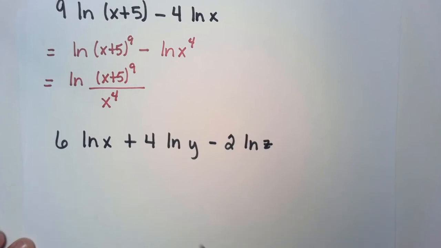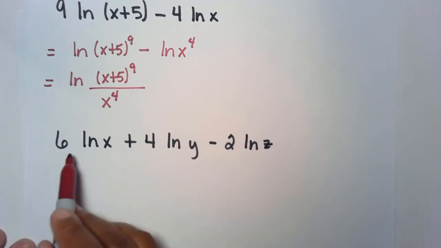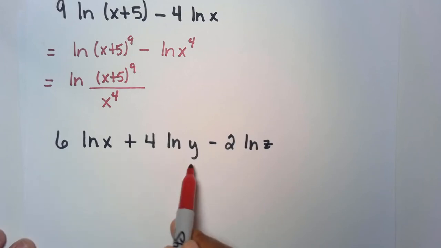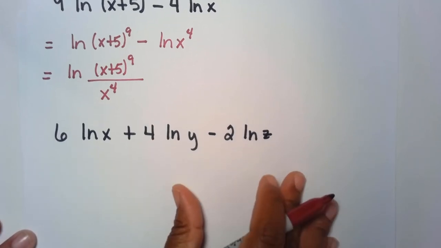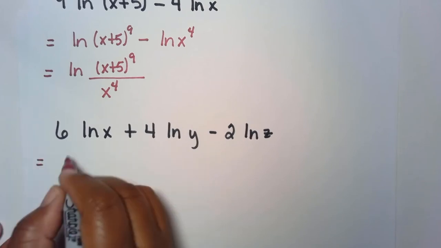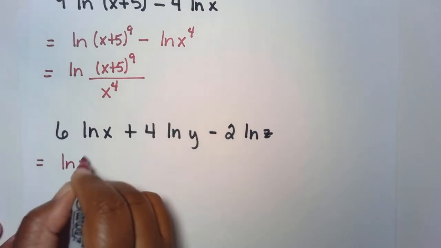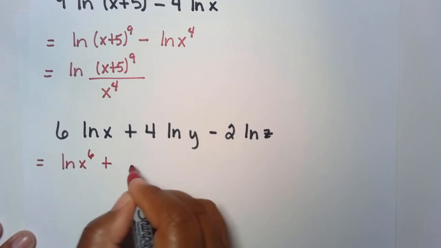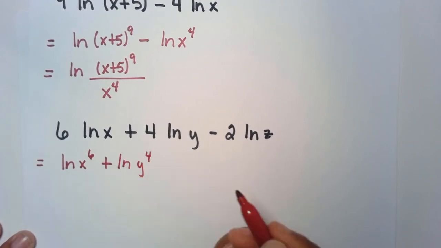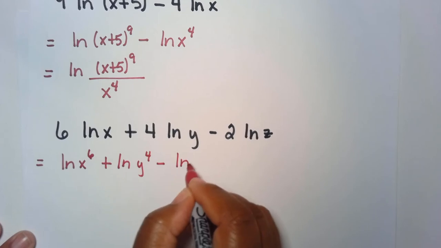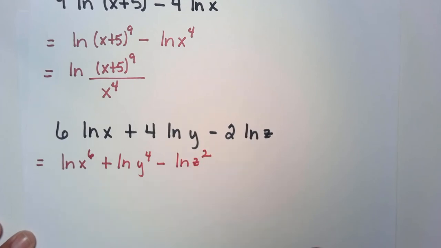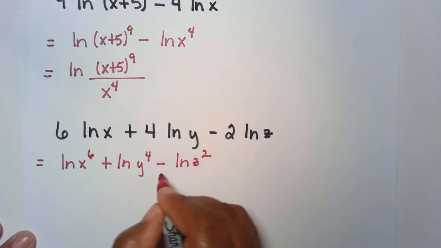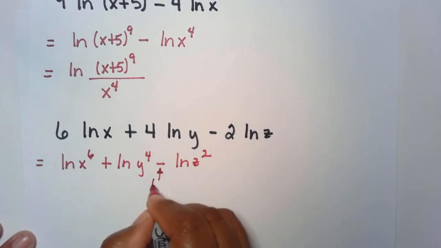And then our last example, same rules apply. We're going to start off with the power rule. We have 6 ln of x plus 4 ln of y minus 2 ln of z. This gives us ln of x to the 6th using the power rule plus ln of y to the 4th minus ln of z to the 2nd. Then, because we have a subtraction, we're going to use the quotient rule.